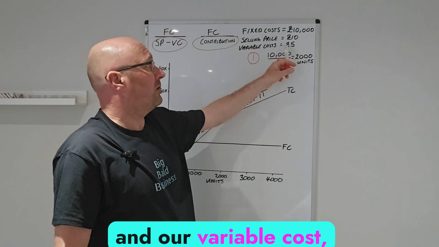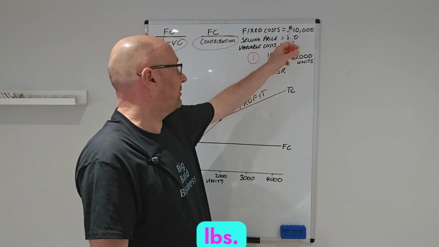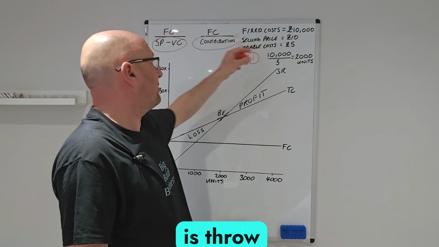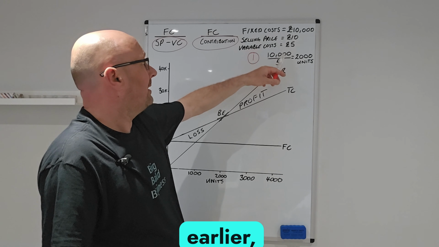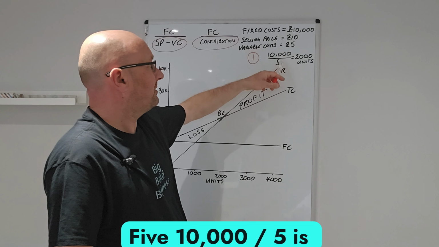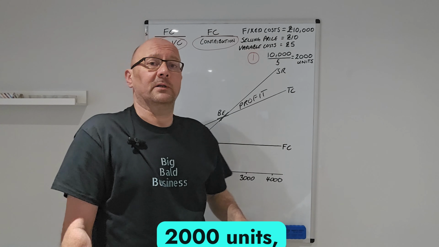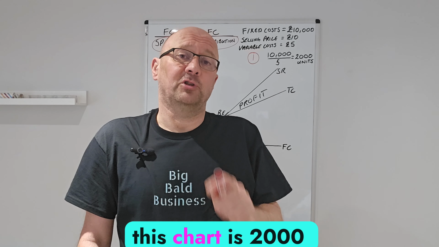And our variable cost, so the cost of the materials per item we sell, is £5. So all we've got to do is throw that into the formula, and I've already done it here. Here's one I did earlier. 10,000 divided by 5, so that's 10 minus 5. 10,000 divided by 5 is 2,000 units. So we know our break even for this chart is 2,000 units.